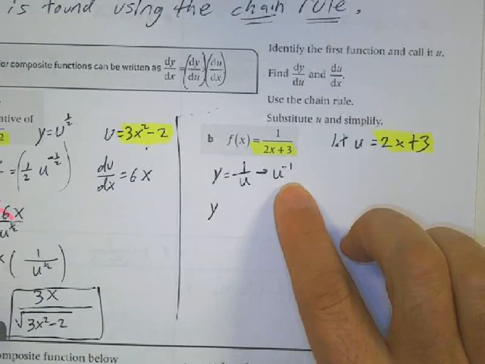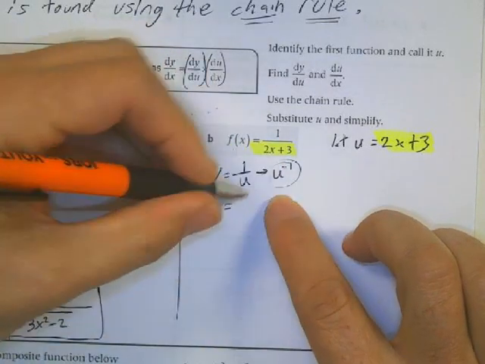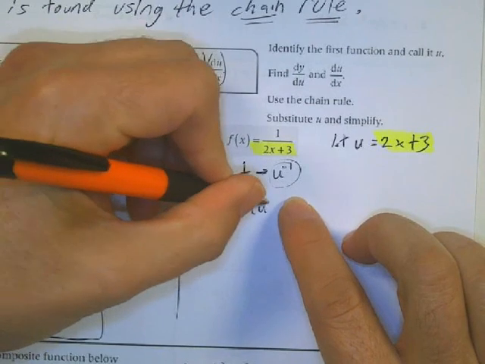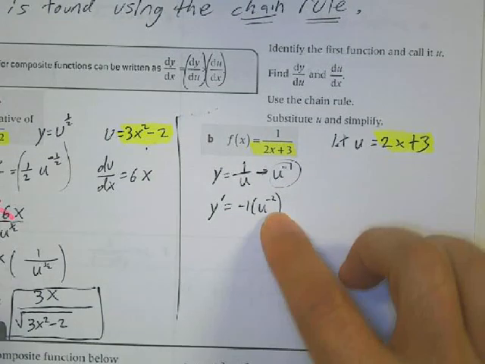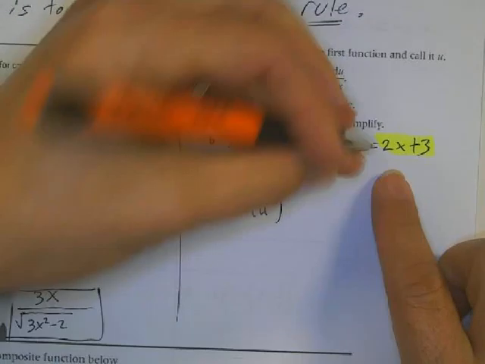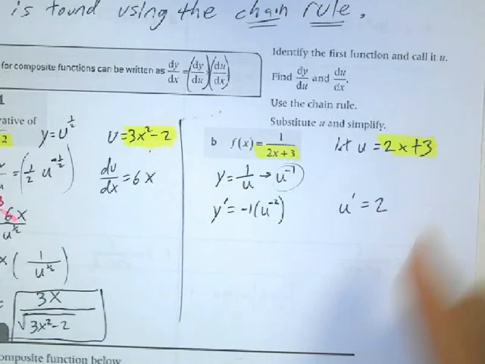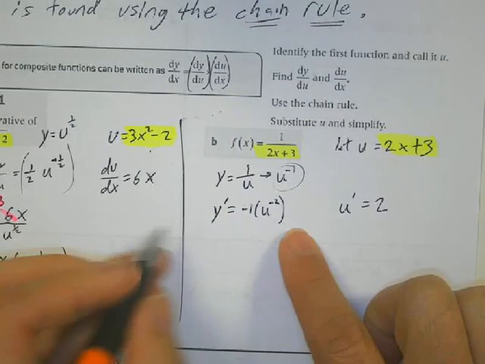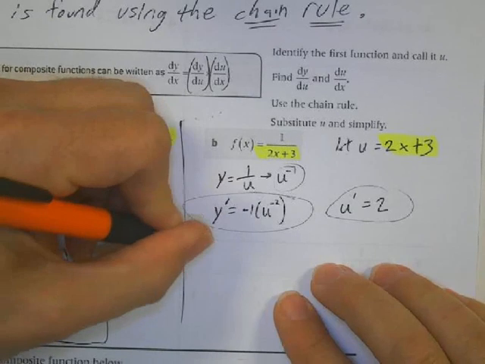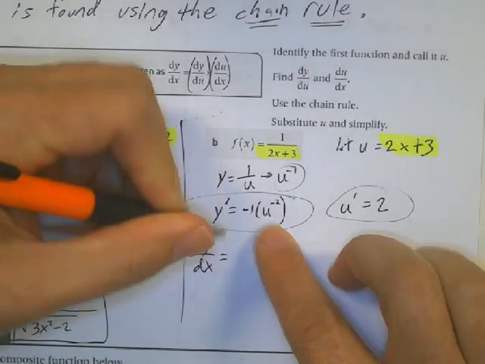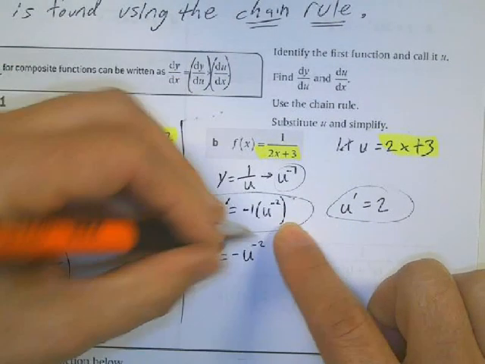So the derivative of u to the negative 1 power, the negative 1 comes to the front, and now I have u to the negative 2 power, right? Power decreases by 1. The power gets multiplied to the front, and then u prime is equal to the derivative of 2x, which is 2. So now dy/du and du/dx, so dy/dx is equal to negative u to the negative 2 power times 2.